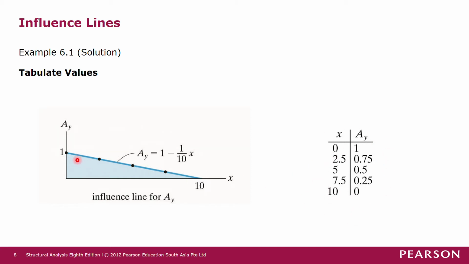So this is an influence line for the support reaction AY. So this is called an influence line for AY. So that when we want to know what happens when 1 unit force is here, the ordinates will tell you what is the support reaction AY. So this is only at a particular point at AY.